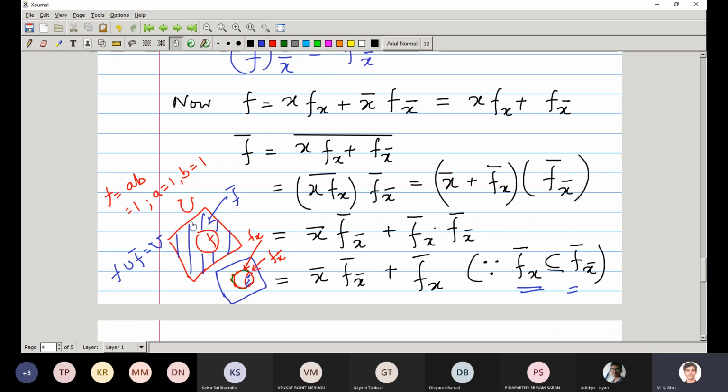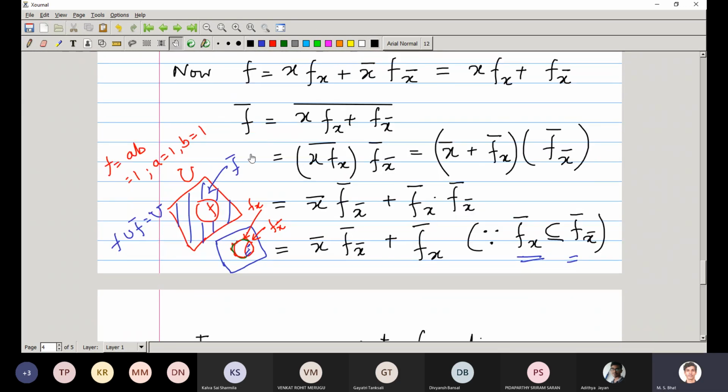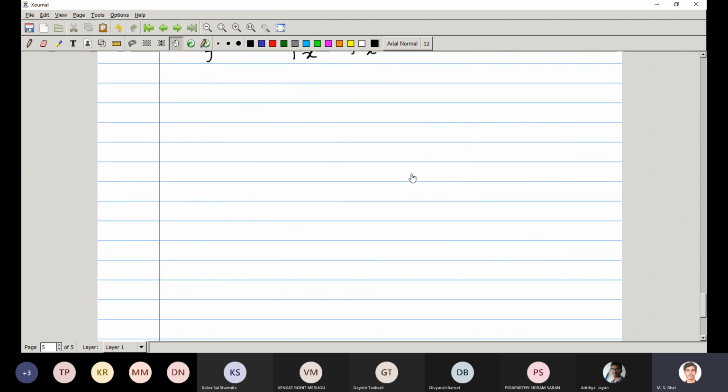Suppose we see the example again. Suppose I have f equal to ab plus a bar plus b bar plus a bar b bar.